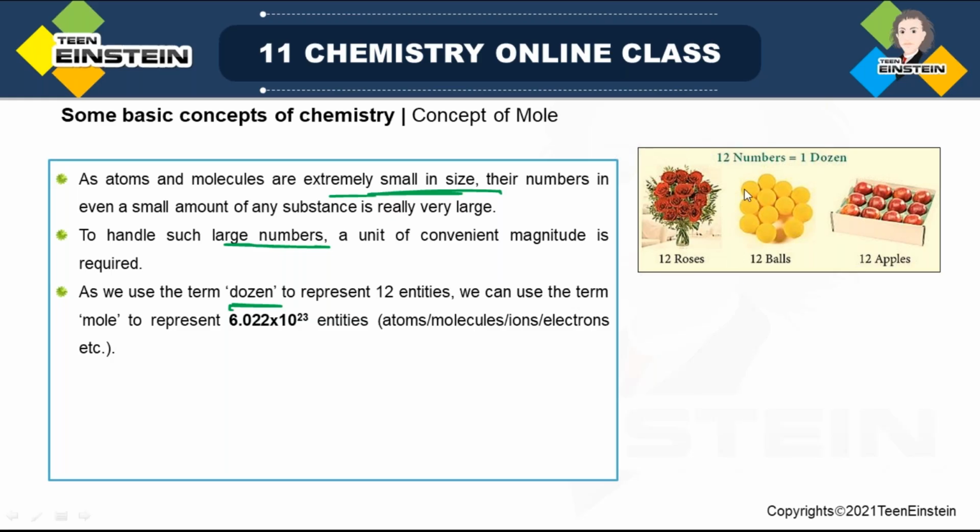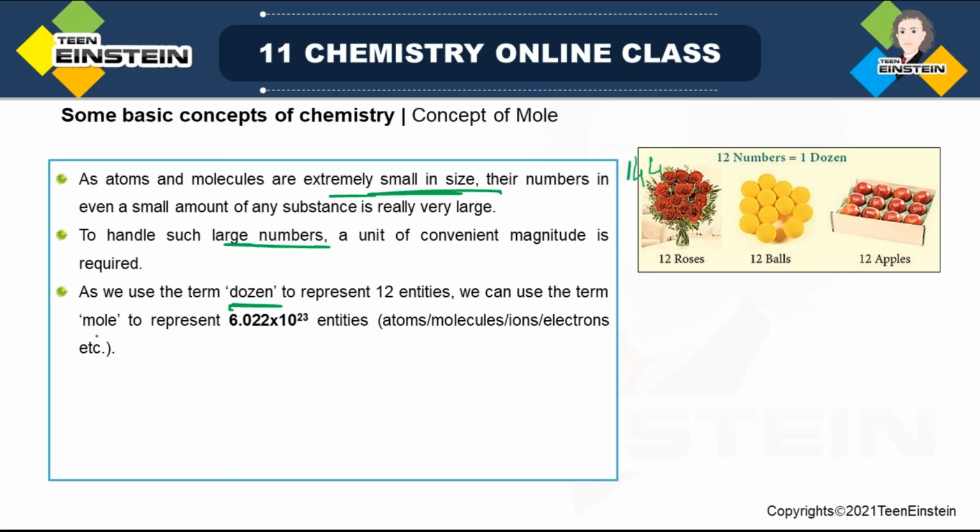So here 12 numbers is equal to a dozen. Now if we have 144 roses, and you simply divide it by 12, it is actually 12 dozen roses, because 12 into 12 is 144. So saying 144 roses or 12 dozen roses are actually the same thing. But in the second case you are expressing it with a small number, which is easier to handle. So that is the reason we will use the term mole.